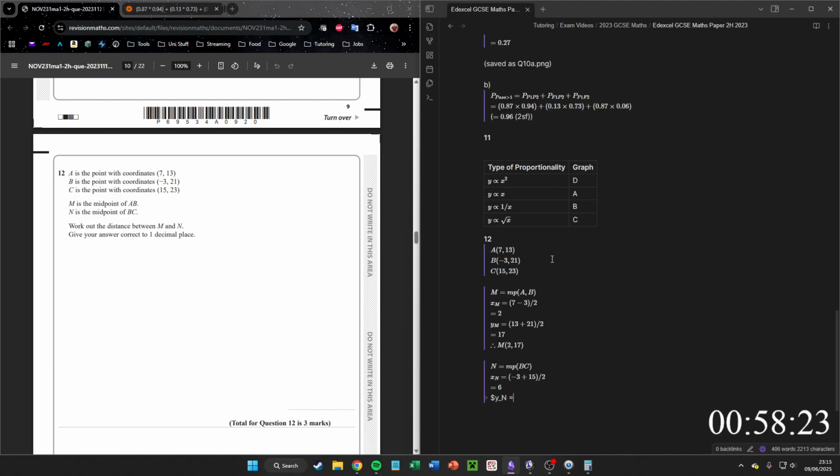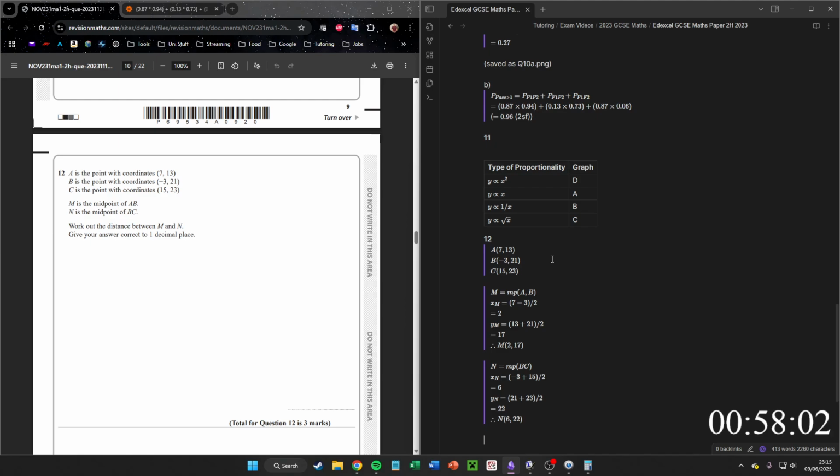And y of N is equal to 21 plus 23 divided by 2. 21 plus 23, 44, divided by 2, 22. Makes perfect sense. I don't think I needed to calculate that, to be honest, but there we go. And that gives us N as 6, 22.